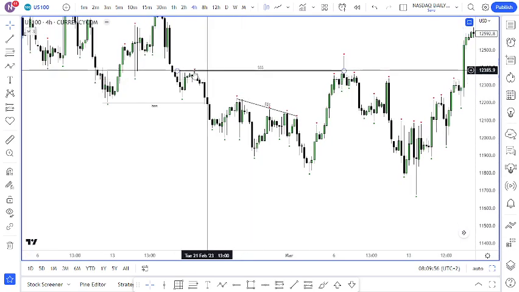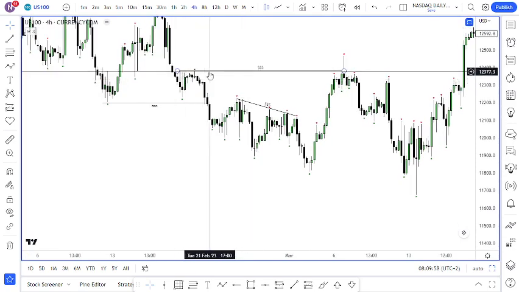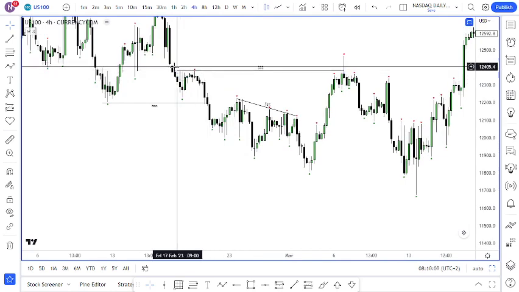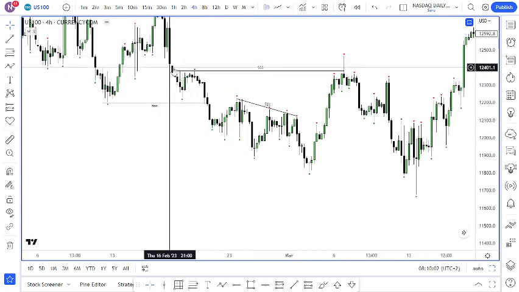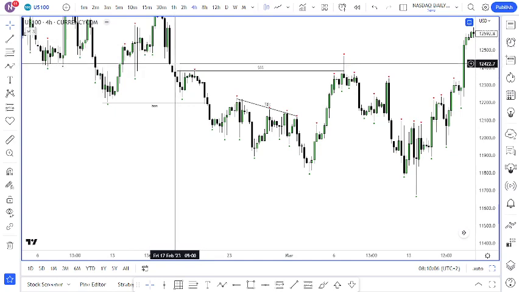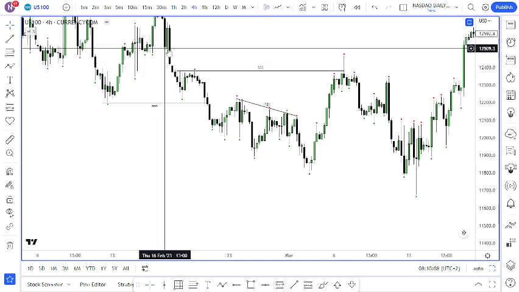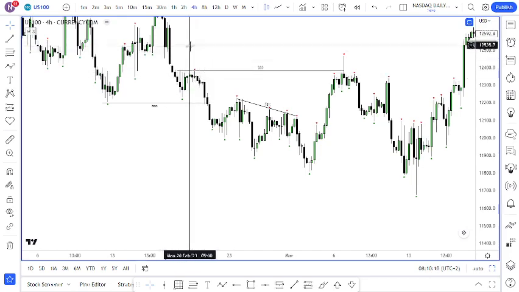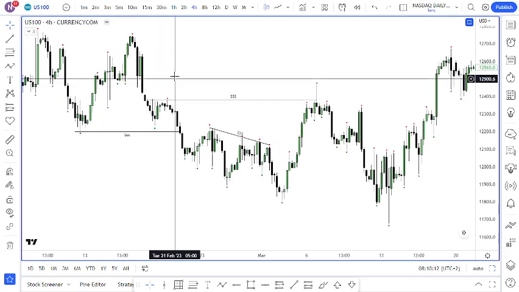Because above it, here we have relative equal highs, and right above that, here we have a fair value gap. We also have an opening gap over here, and then we have a 4-hour order block here, and this is obviously at the deep premium.